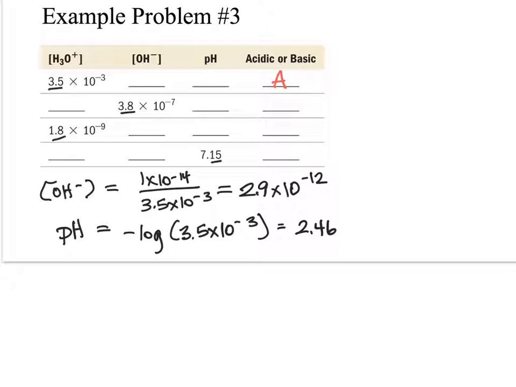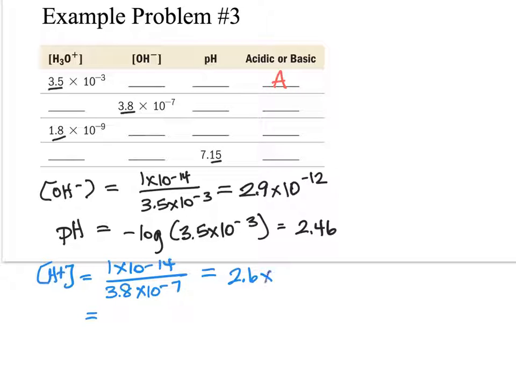All right, let's look at the second example. We're given hydroxide this time, so we'll be solving for hydronium. Hydronium is equal to 1 times 10 to the negative 14th divided by 3.8 times 10 to the negative 7th. All right, and I'll put that in my calculator. I'm getting 2.63 times 10 to the negative 8th.